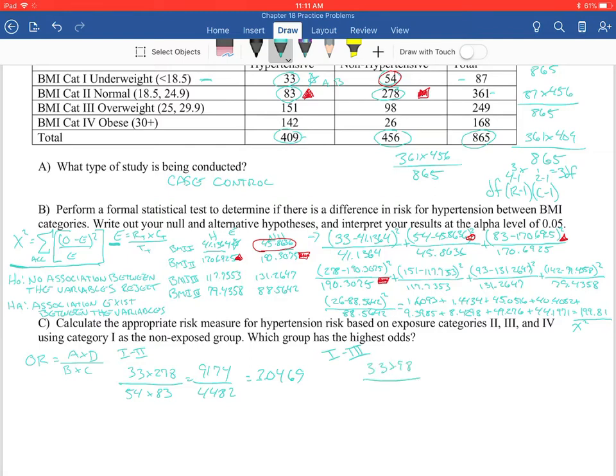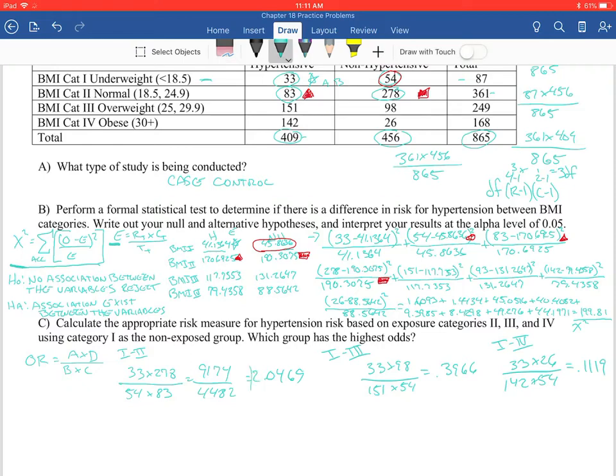Next, control group 1 to category 3: that's 33 times 98 all over 151 times 54, which gives you 0.3966. And the last one, group 1 to group 4, is 33 times 26 all over 142 times 54, which equals 0.1119.